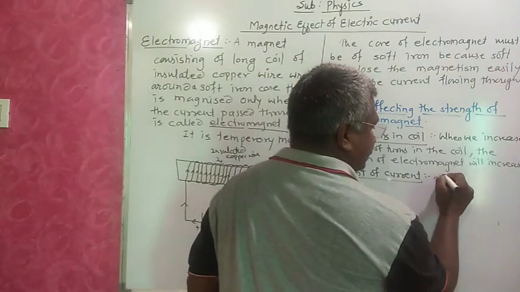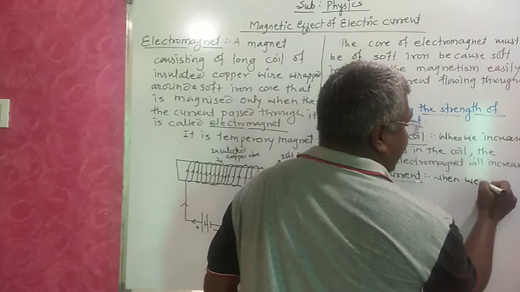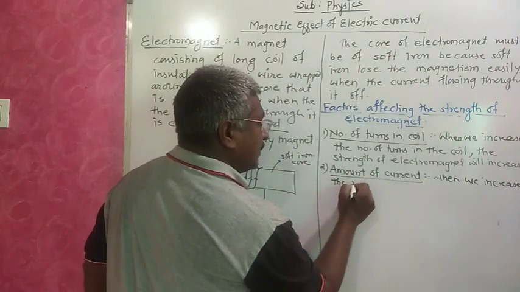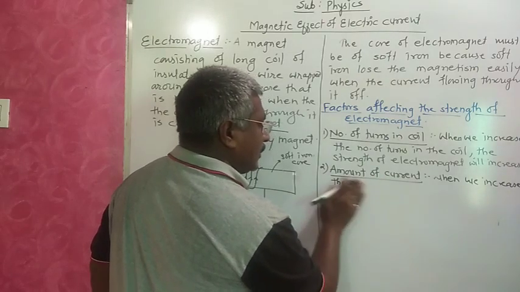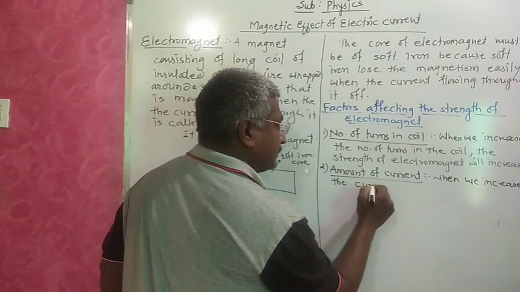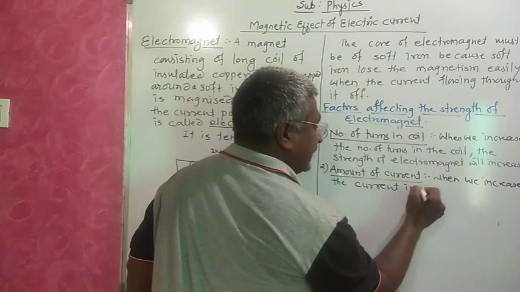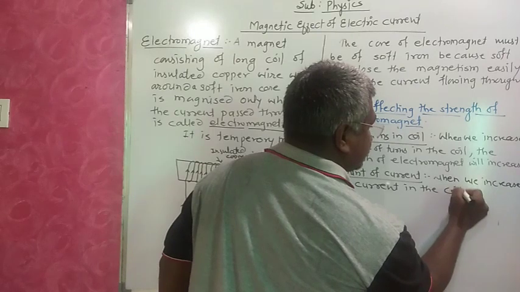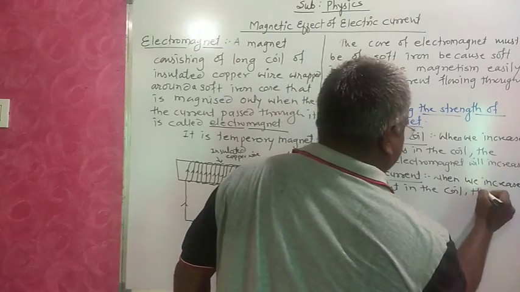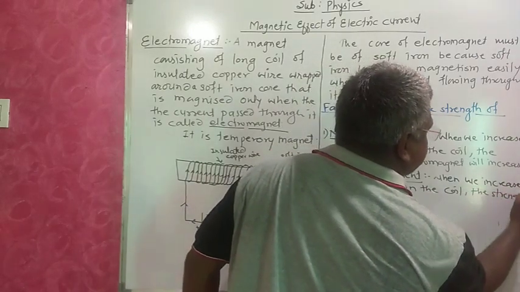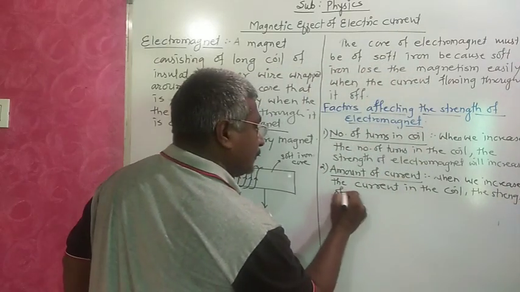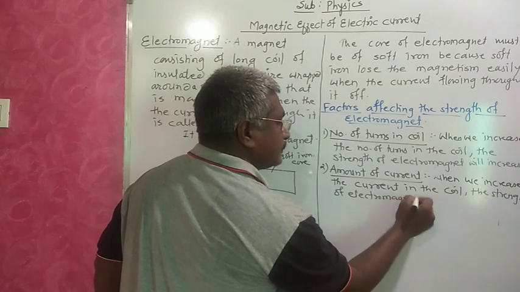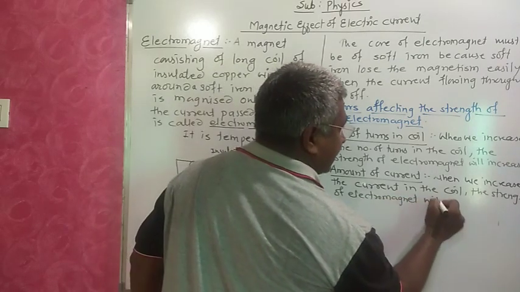So when we increase the current in the circuit or in the coil, the strength of the electromagnet will increase.